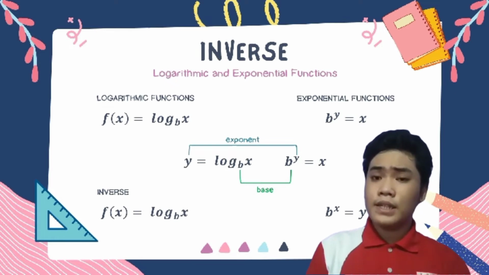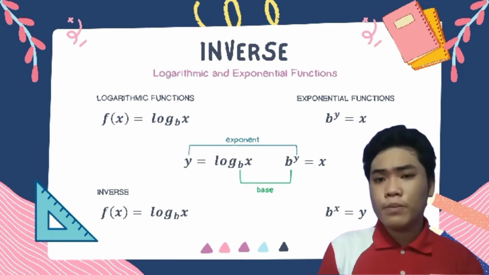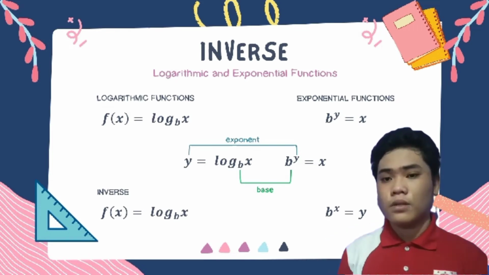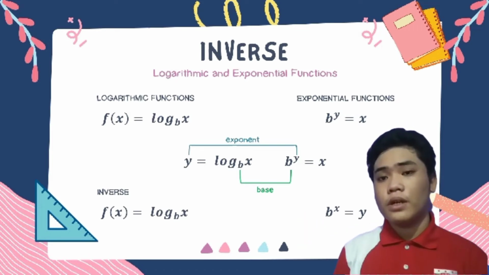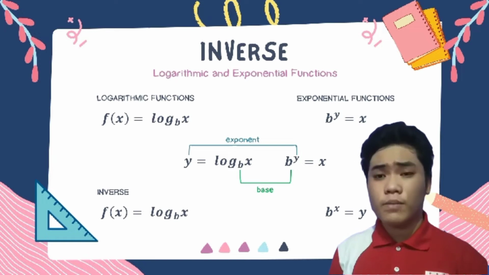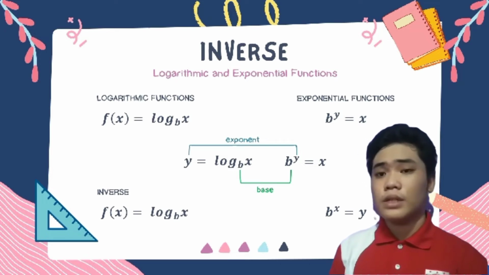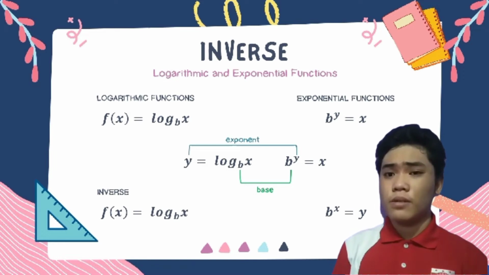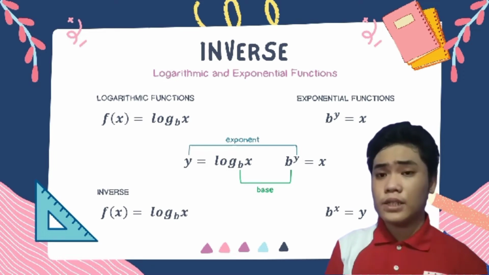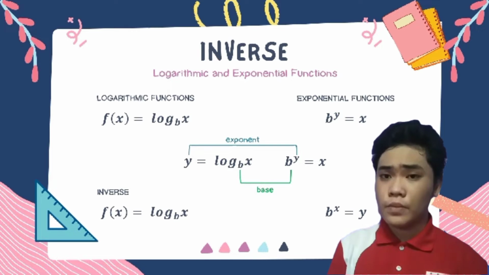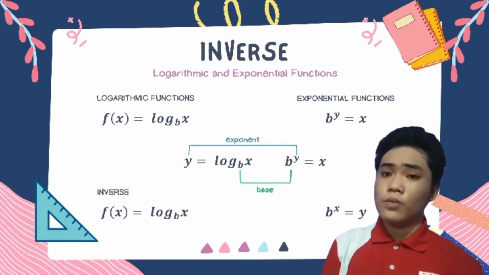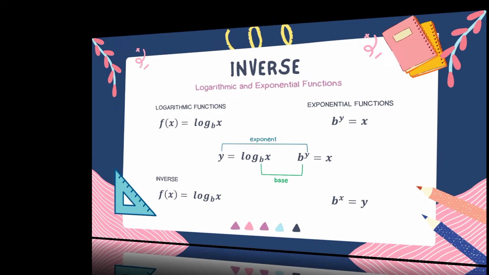The expression beside the logarithmic will now be the equivalent value of our exponential form. Now we have two samples here. The top one is the normal logarithmic function, and the bottom one is the inverse version of that. We'll talk about that more later. But now that you get a little gist of what this is all about, I'm gonna show you some more examples that will help you understand this better.